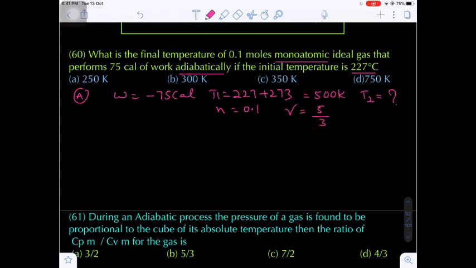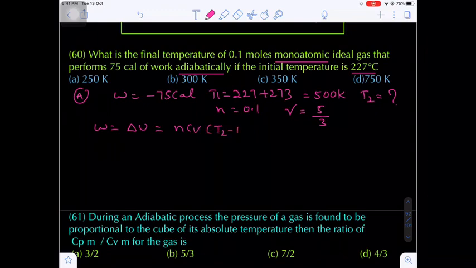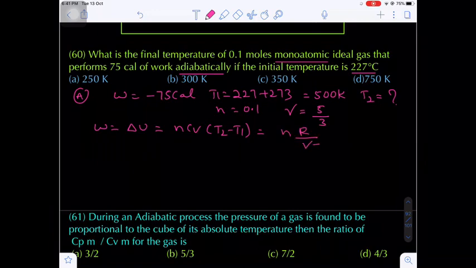Okay. Now what is the work done formula? ΔU is equal to W, which is equal to nCv ΔT, nothing but (T2 minus T1). Again, what is the Cv? Capital R by gamma minus 1, into (T2 minus T1). Now the work done is given, minus 75 calories.